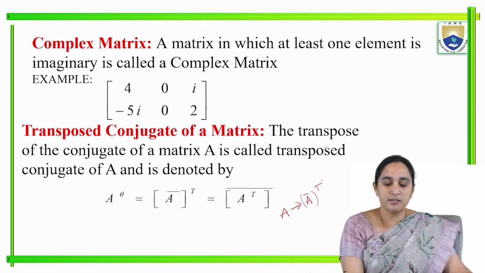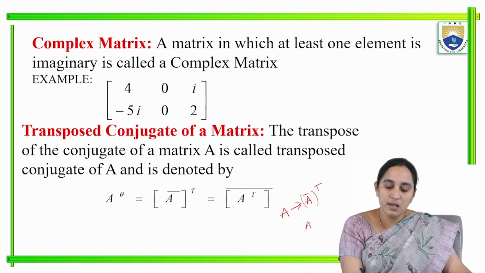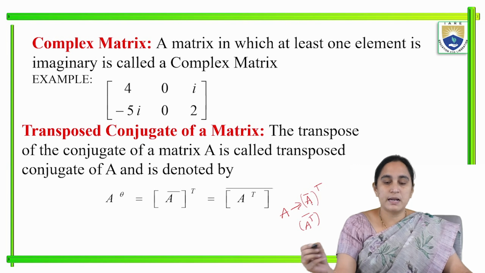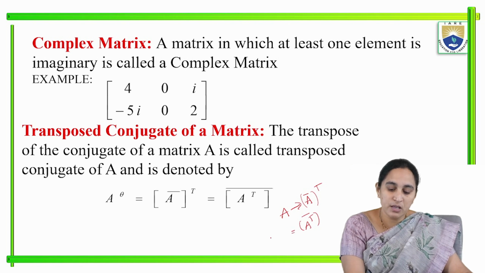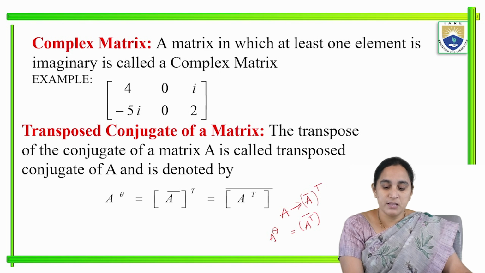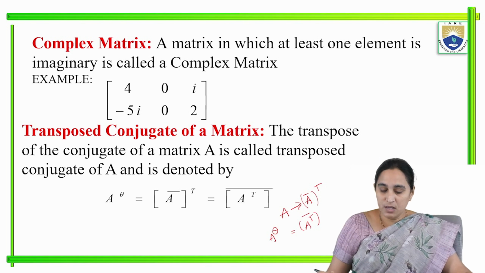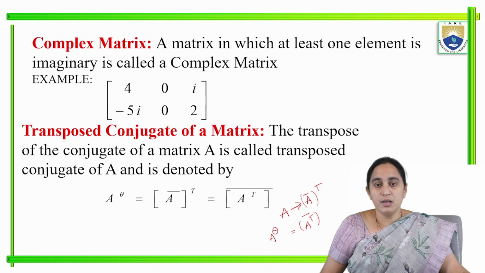So (A bar) transpose or (A transpose) bar is called the transposed conjugate of a matrix. Simply we denote it with A^θ. This is the condition for the transposed conjugate of a matrix.